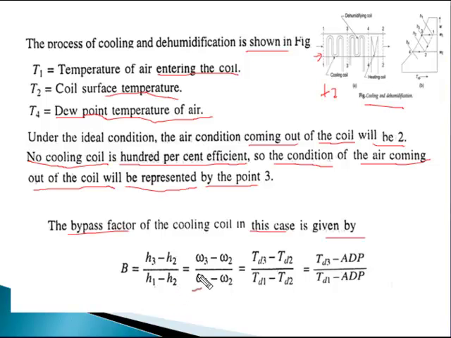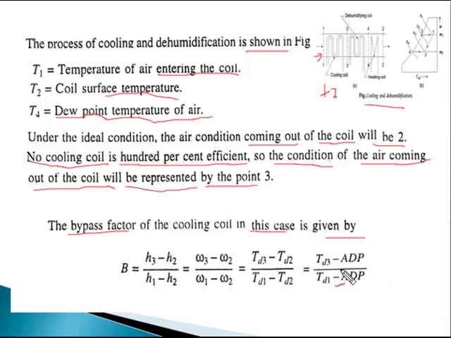It is also, in terms of humidity ratio, omega 3 minus omega 2 divided by omega 1 minus omega 2. Also in terms of temperature, TD3 minus TD2 divided by TD1 minus TD2.